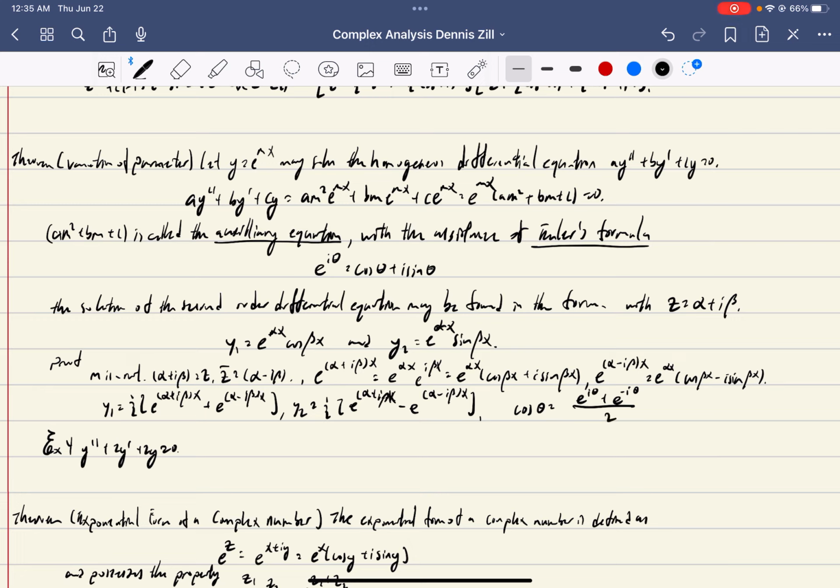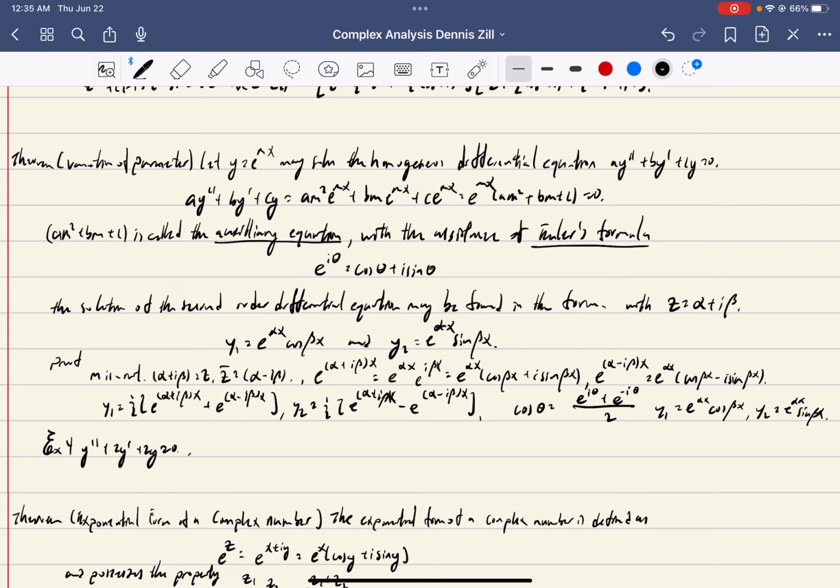But now you have a beta over there. So your y1 can be written as e to the alpha x cosine beta x, the real part, and your y2 can be written as e to the alpha x sine beta x, right? Like that.